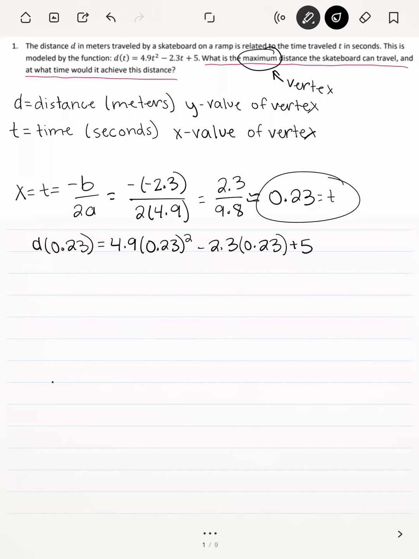So if I were to type this all on my calculator, I get, rounding to 2 decimal places again, about 4.73. Okay, and this would be my distance, so my d. So I would travel a maximum distance of 4.73 meters in 0.23 seconds. So this is the answer I'm looking for.